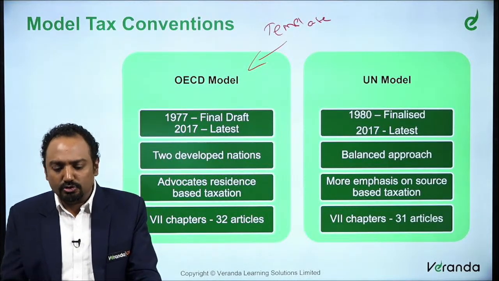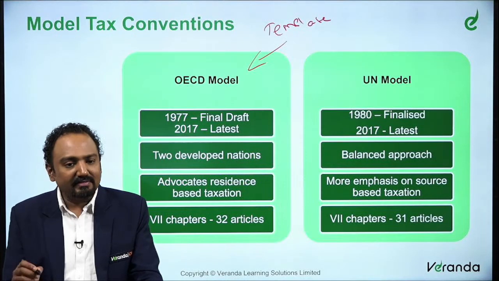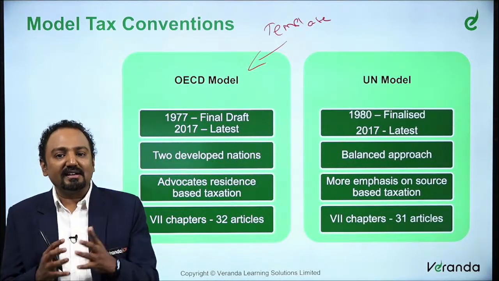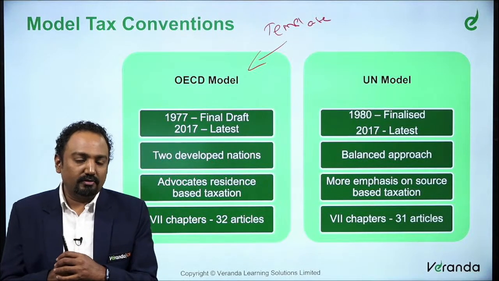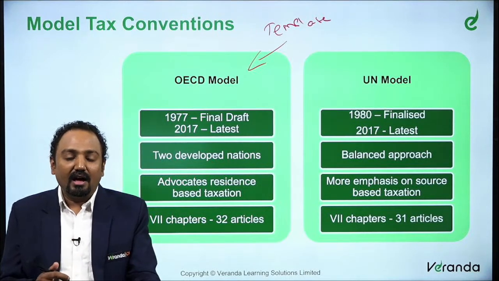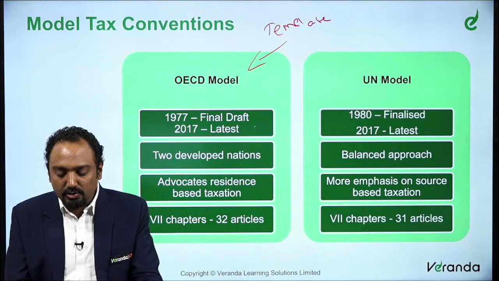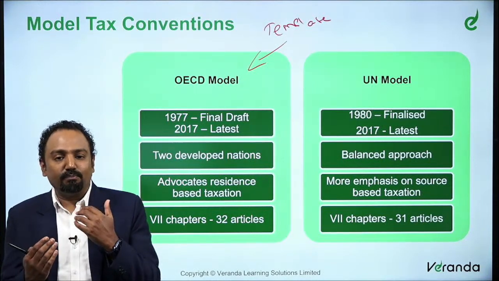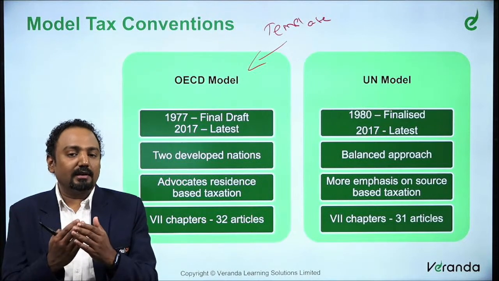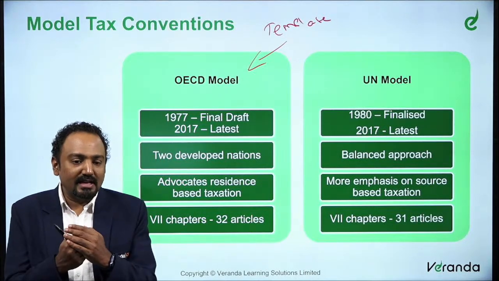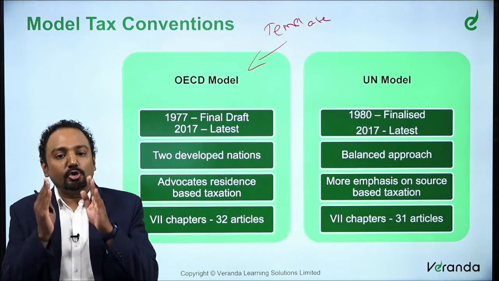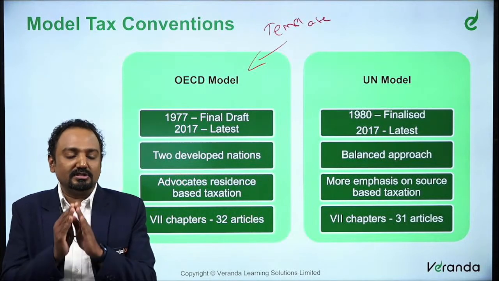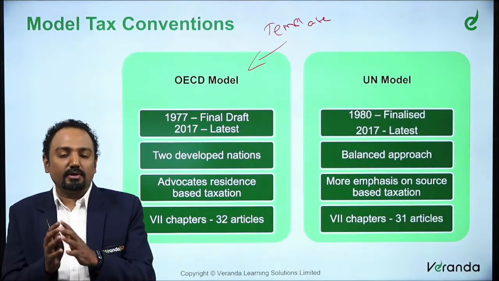While comparing these two, 1977 was the first year in which a final draft of the OECD model was introduced, and the latest one was issued in 2017. Generally, the OECD model is meant for agreements between developed nations, something like the United States or the United Kingdom.